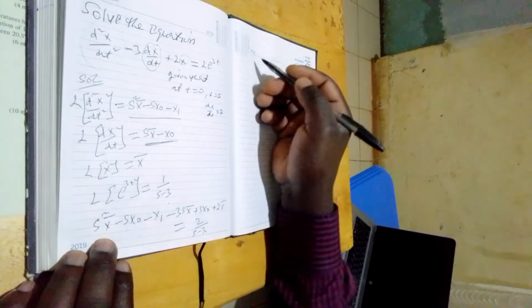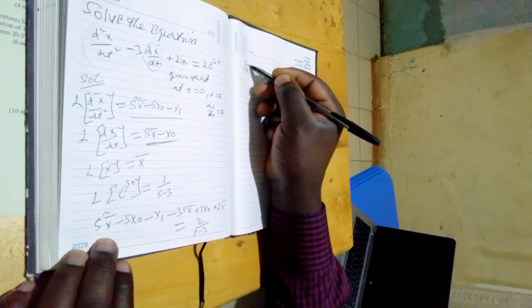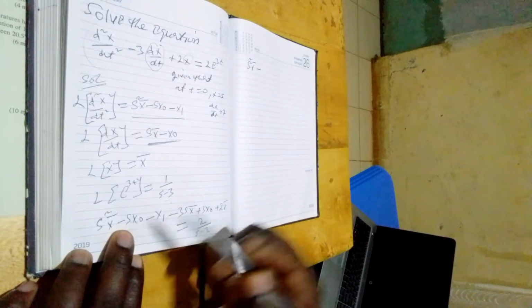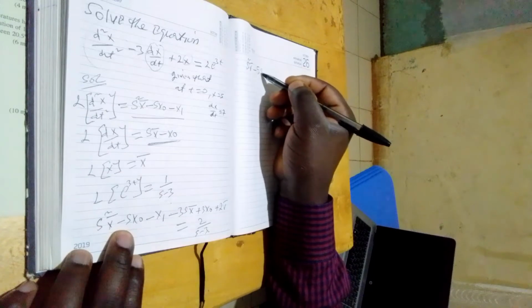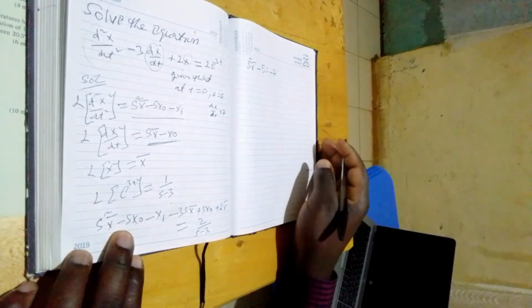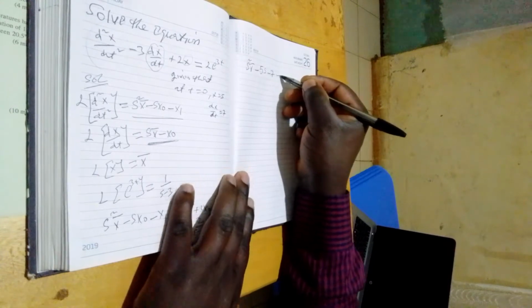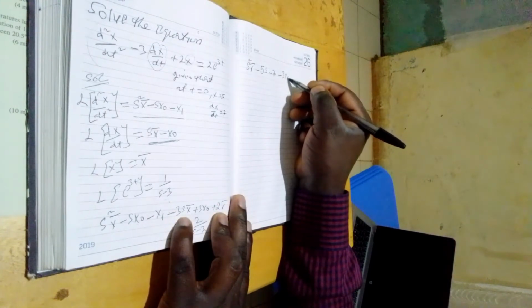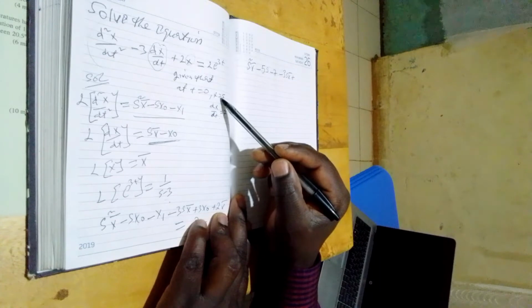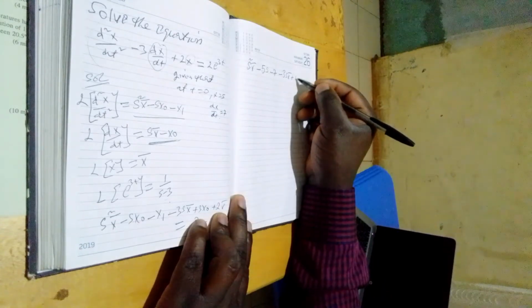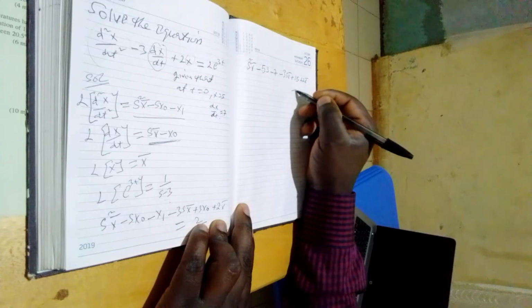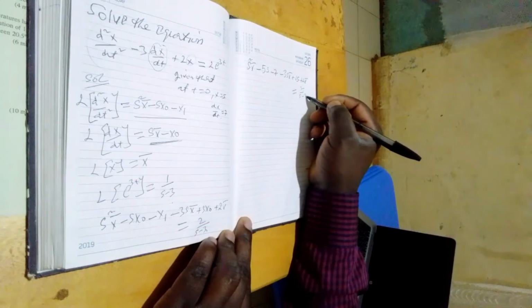So the equation now becomes s² x bar minus, now x naught is 5, so this would be 5s, then x1 is 7, so minus 7, then minus 3s x bar plus 3 times x naught, which is 5, so here we have 15, then plus 2x bar equals 2 over s minus 3.